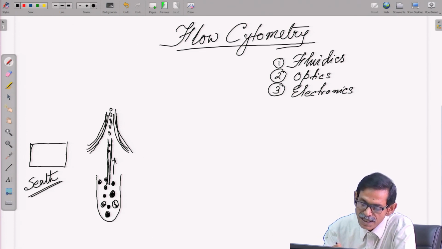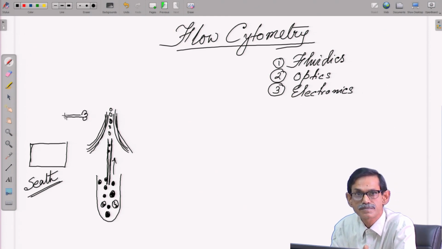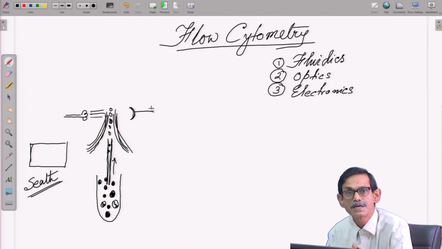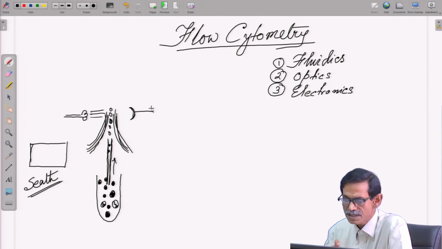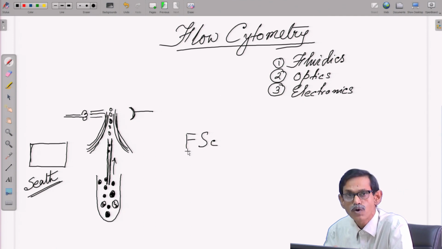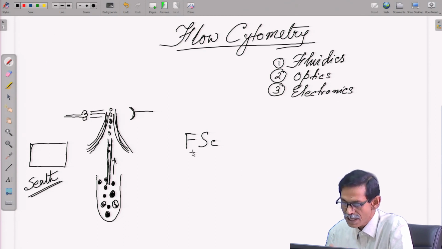While the cell is going, light is coming from this side. In this case, the light is a laser. The light will pass, and there is a detector. What will this detector detect? The first thing is called forward scattering, in short FSC.